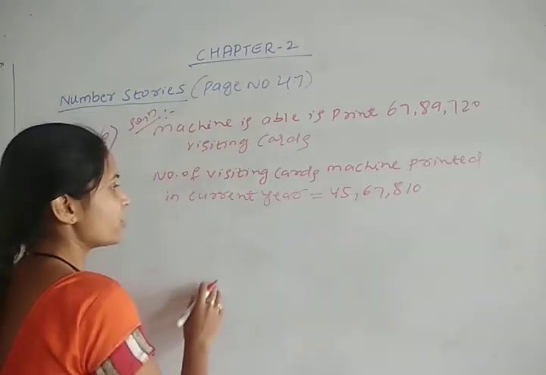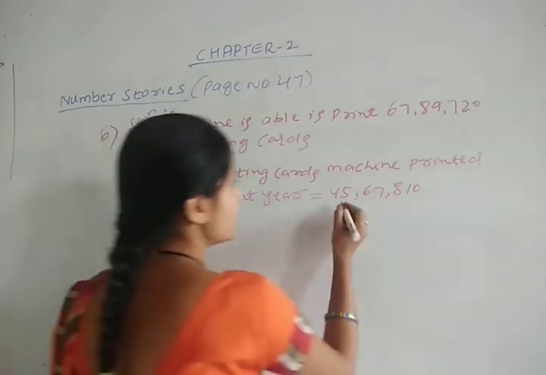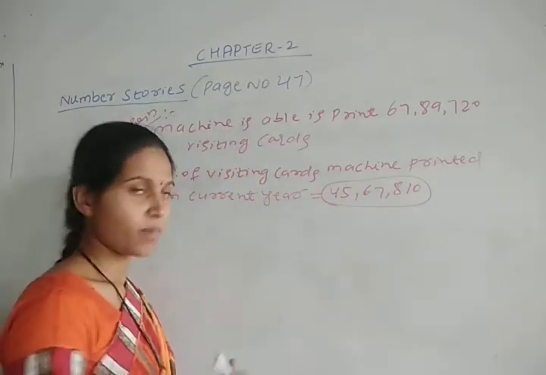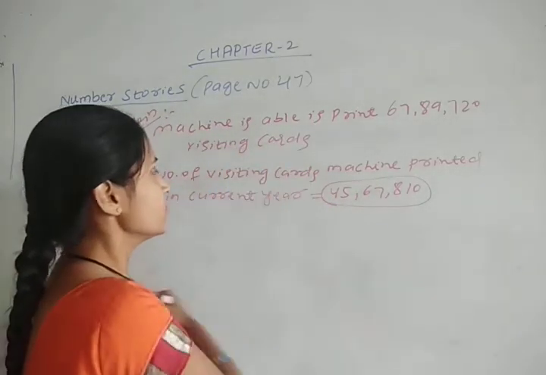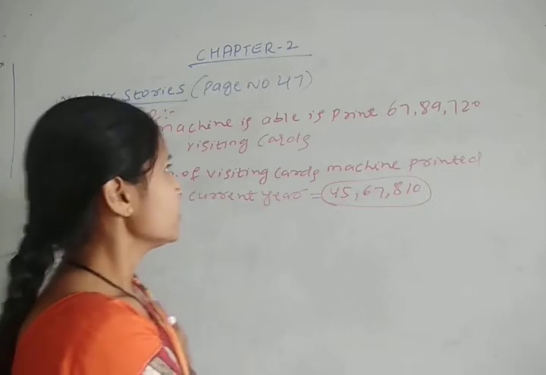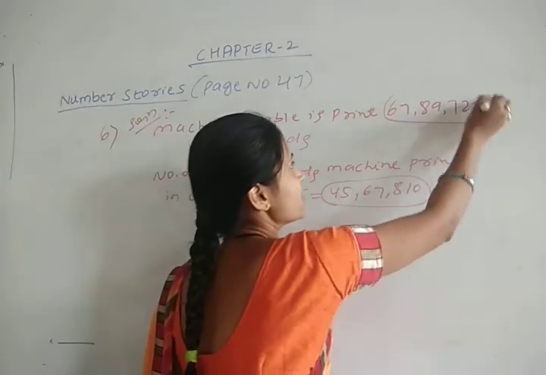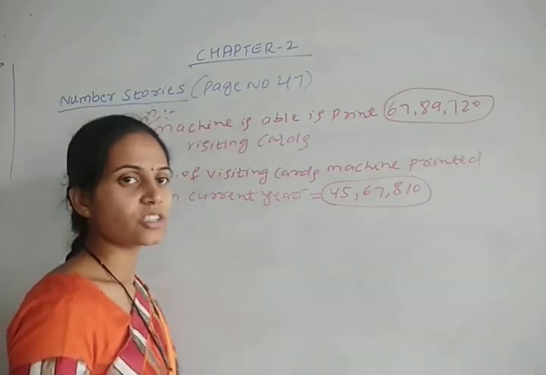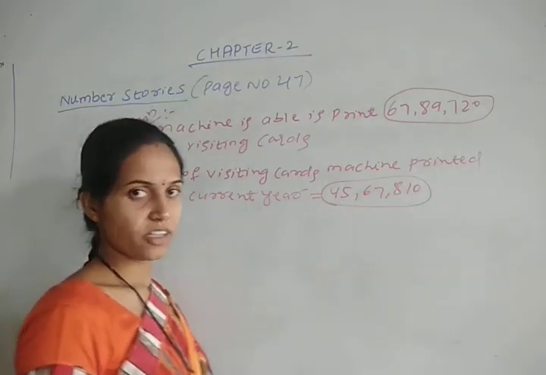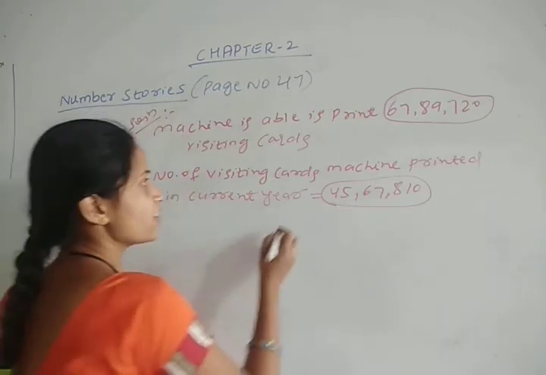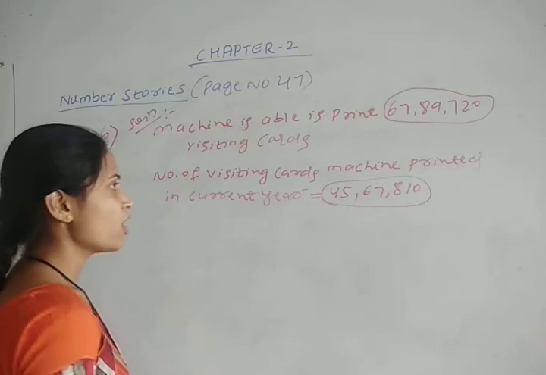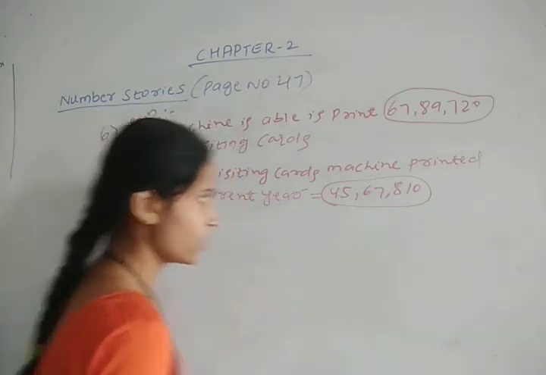To calculate that, if we subtract the number of cards the machine printed in the current year from the number of cards the machine has the ability to print, then we will get how many fewer cards the machine has printed. So I will subtract this value from this.